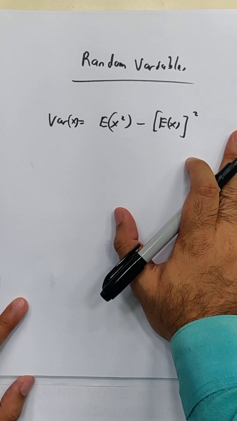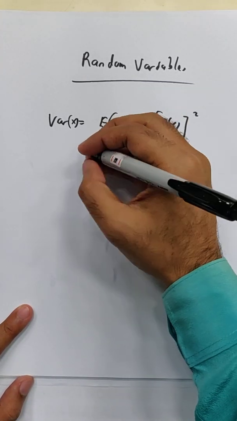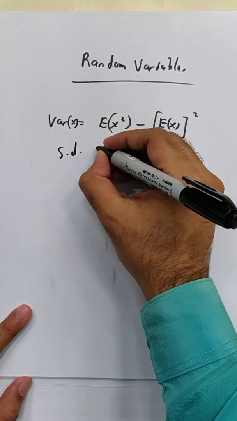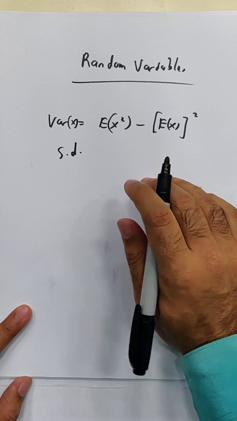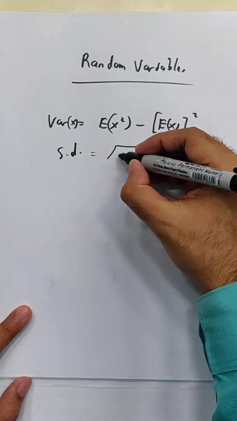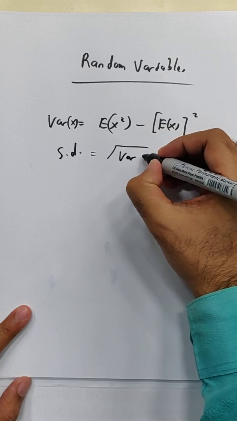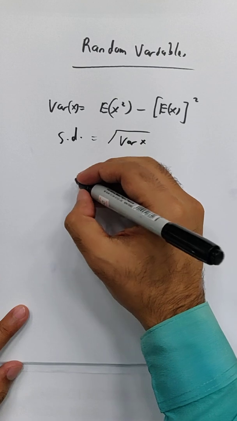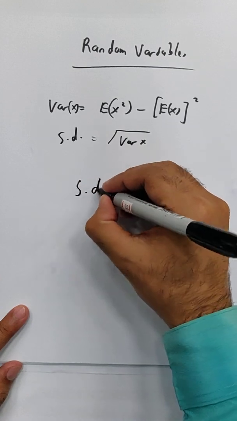Okay. Now what about standard deviation? How do you calculate standard deviation? Square root of variance. Just a little reminder of how to memorize them.